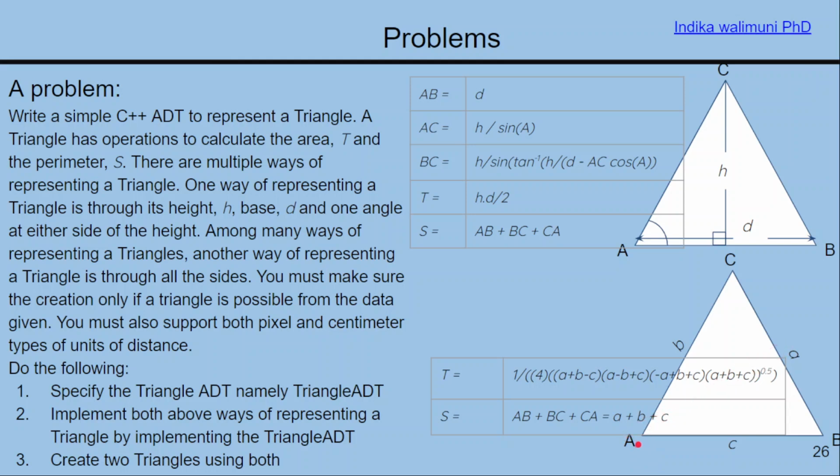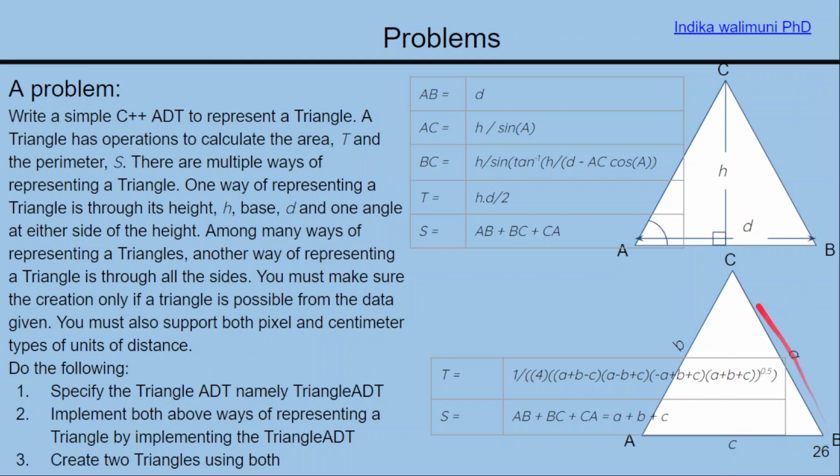The side in front of the angle A has the length A. So the angle is big A, and the side in front of it, which is BC, has the length A, and the angle B has the side in front, AC, with length B. Likewise for C, so this is the standard way of representing a triangle.